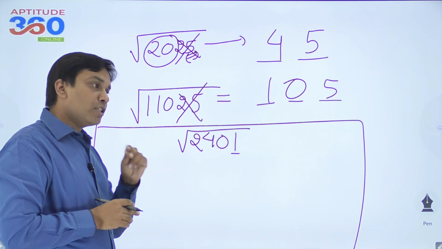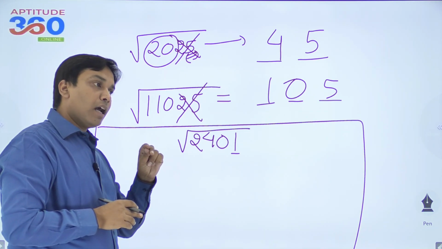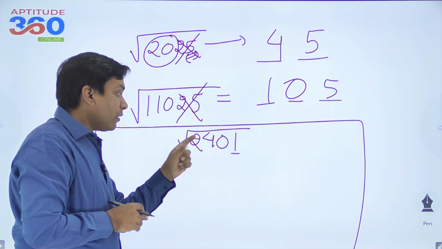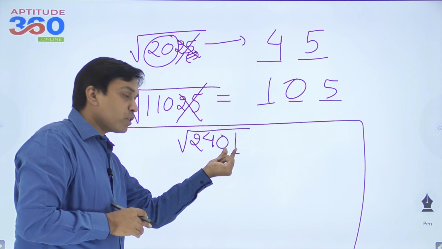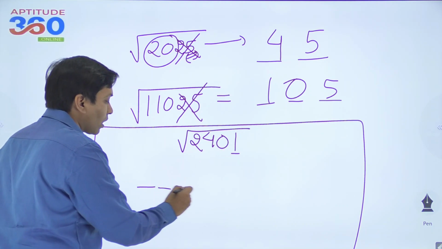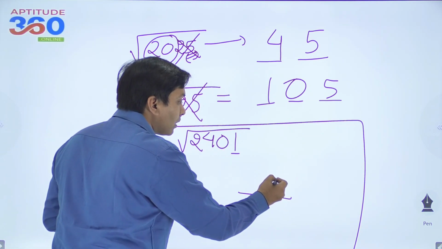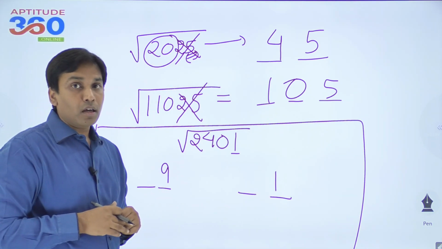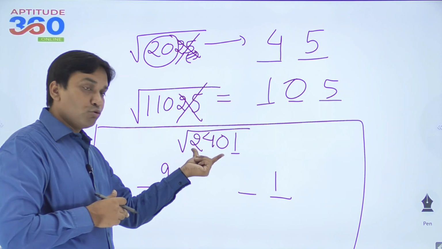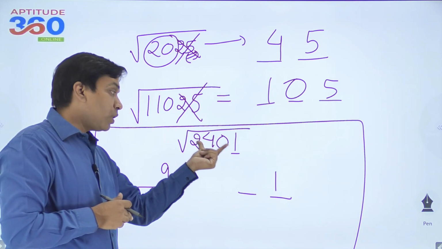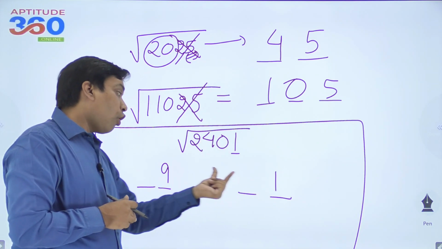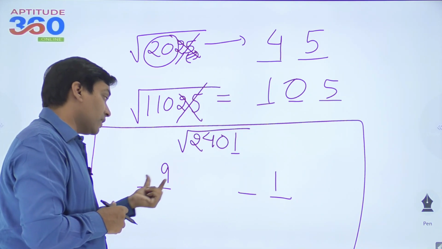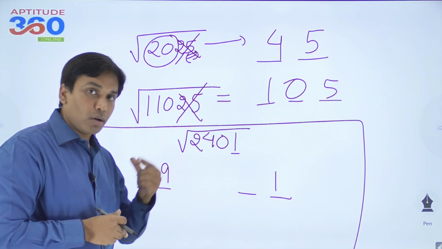If a perfect square number ends with 1, then the square root will either have 1 or 9 at the unit place. What is going to be at the tens place is what we need to talk about.